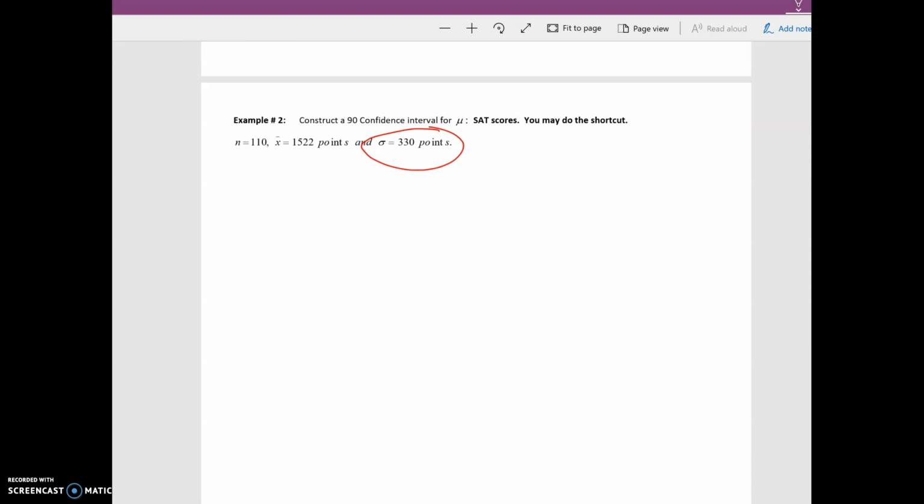So in this case, the 90% CI is going to be given by the following formula. Mu is bounded between x bar plus the error E and x bar minus the error, where E is equal to the following. Now, in this case we happen to have the value of sigma.